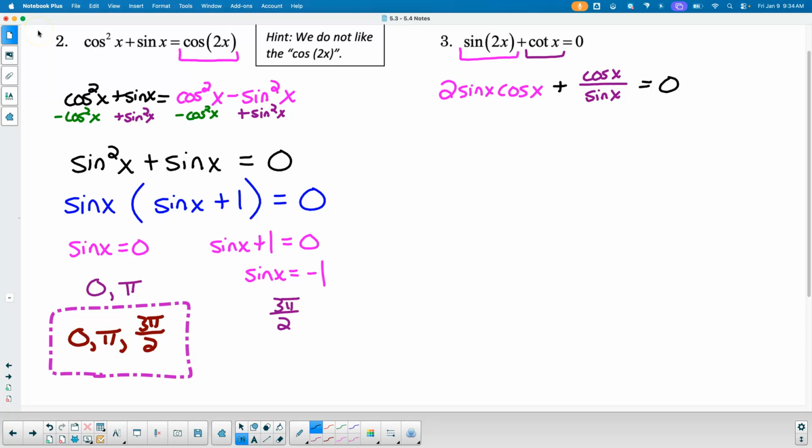Agree with me so far? Sine of 2x, I changed to 2 sine of x, cosine of x from formula number 21. Yeah, 21. And cotangent is cosine over sine. Yes? Okay.